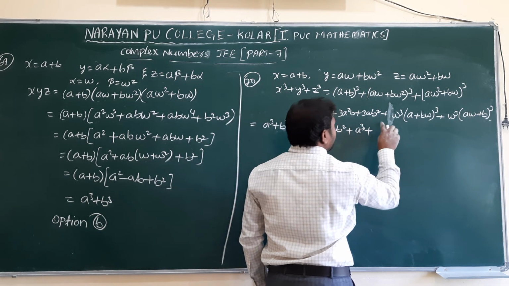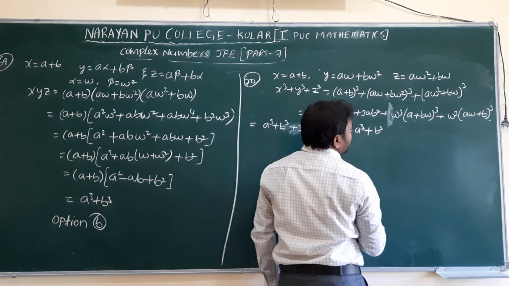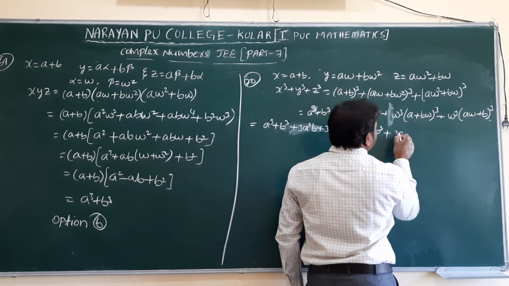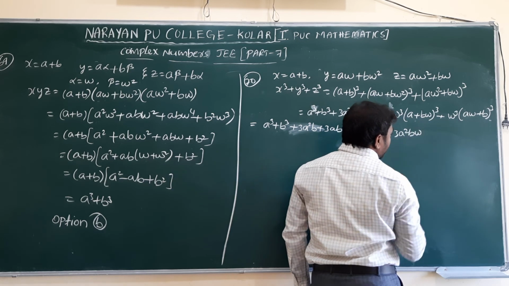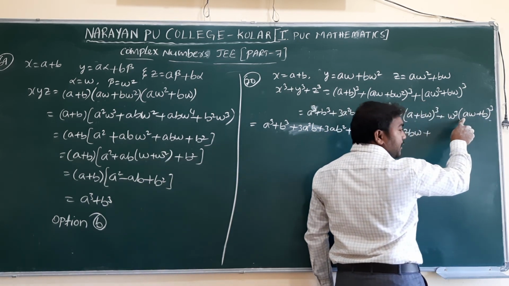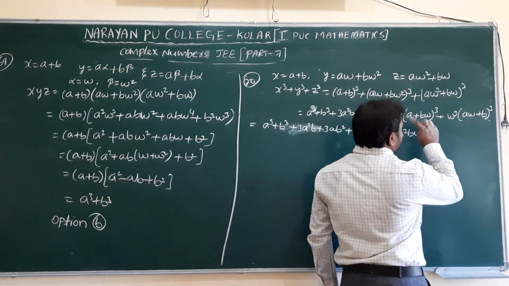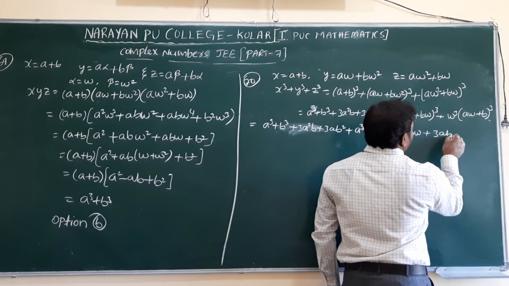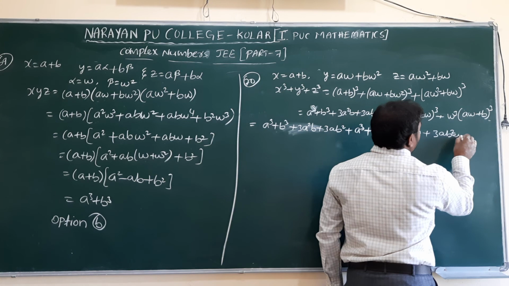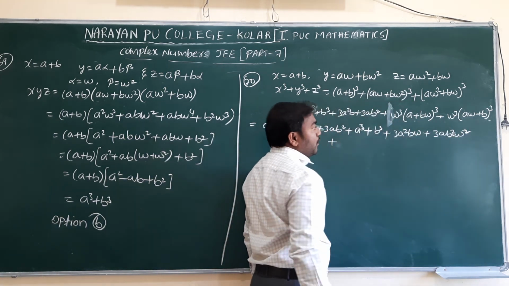plus b cube, b cube into omega cube value 1. We can directly write a cube plus b cube plus 3a square b, that is 3 into a square b into omega, plus omega cube value 1, so a cube into omega cube value 1, 3a square b omega, into 3ab square, I mean 3a b square into omega square plus omega cube value 1.